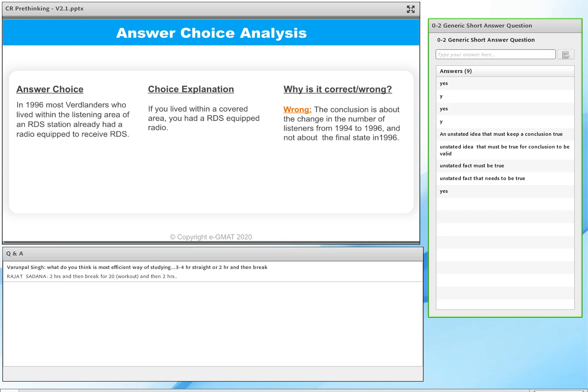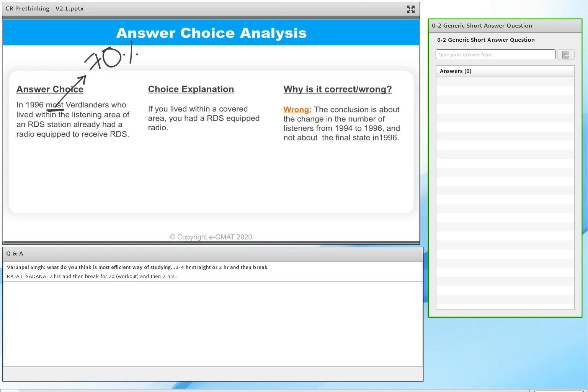In 1996, most Verlanders, most Vs, who lived within the listening area of an RDS station already had a radio equipped to receive RDS. I'm going to focus on this word most, and I'm going to translate this into 70%. Let's assume we call most 70%.